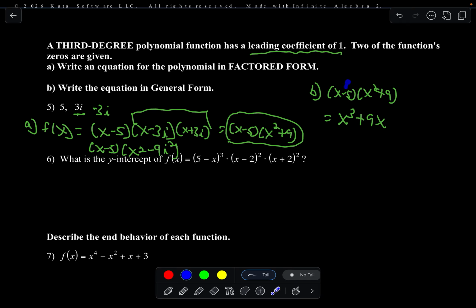And then negative 5 times x squared is negative 5x squared. And lastly, negative 5 times 9 is negative 45.